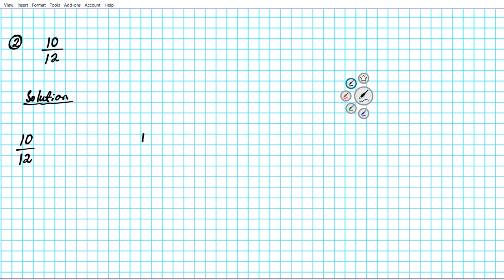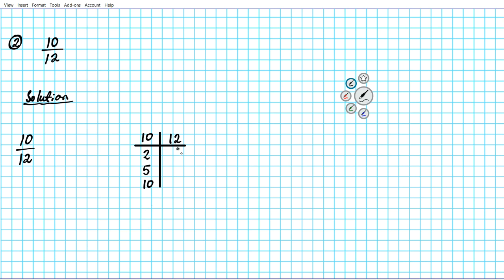Okay, so we have 10 and 12, the numerator and the denominator. We're going to start by listing all the factors of the smaller of the two, which is the numerator 10. So the factors of 10, if you go through your lists, are 2, 5, and 10.